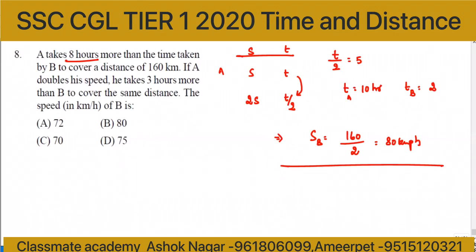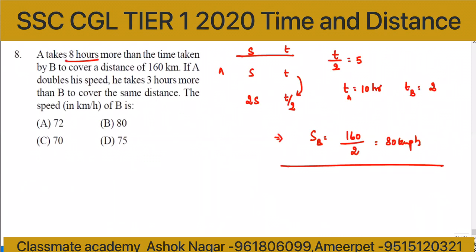Okay, two things you must remember. When speed doubles, time becomes half. Time becomes half means time becomes 50%. How much is the reduction in time? 50% only. Yes or no? So 50% of the time you are saving. By looking at the question, you can clearly say you are saving 5 hours, because earlier you used to take 8 hours more, now you are only taking 3 hours more, which means you reduced your time by 5 hours.